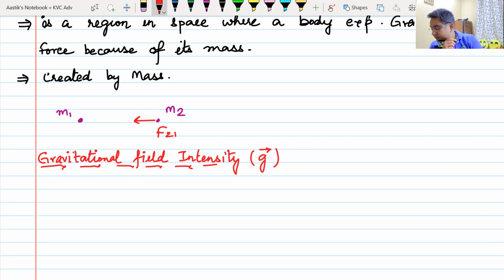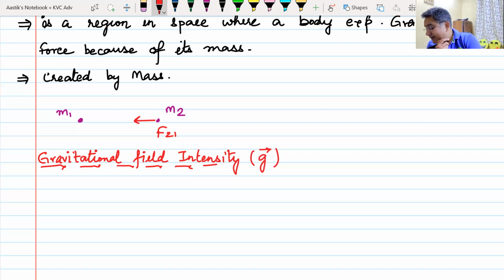Acceleration due to gravity. Why am I writing gravitational field intensity with the same letter? I could have used any other letter.